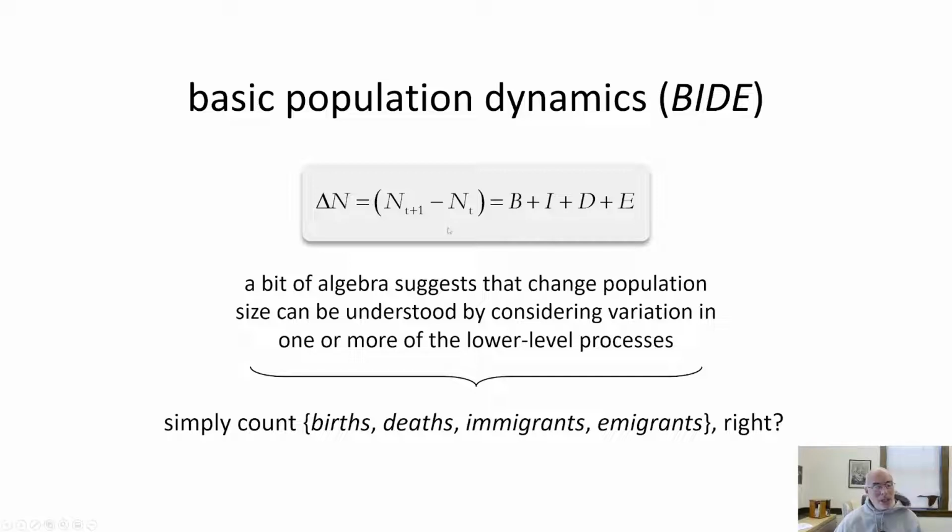Delta N, the change in population, is just the arithmetic difference between where we are next time step minus where we are now, and is undeniably and simply algebraically a function of the birth and the immigration, the death and the emigration processes. So we can understand changes in the population size by looking at the underlying processes.